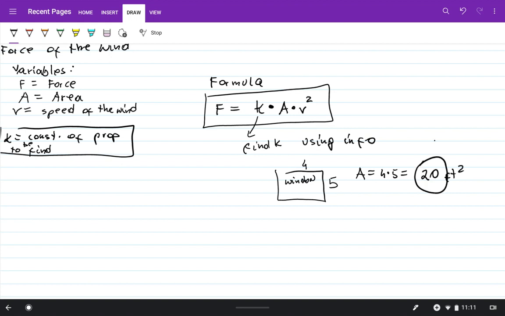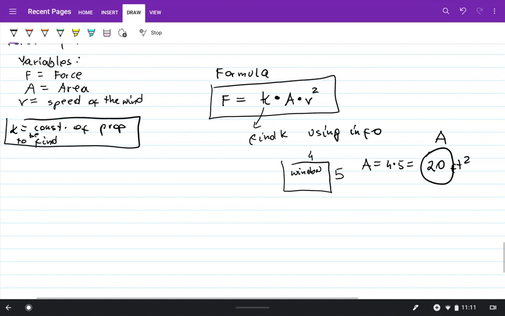So this is A. Now, force of the wind, the units of force are pounds. So they gave you 150 pounds. So just remember, if you struggle, force is like a weight. The units are pounds. So we know force is equal 150. And we know V, the speed of the wind, was given by 30 miles per hour.